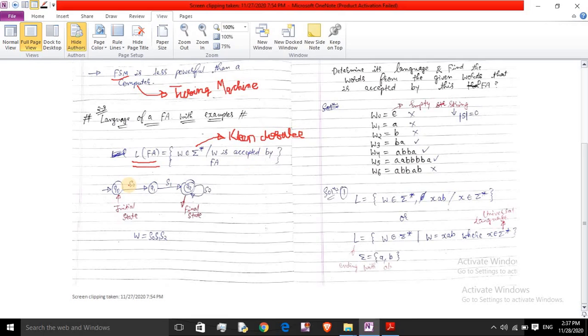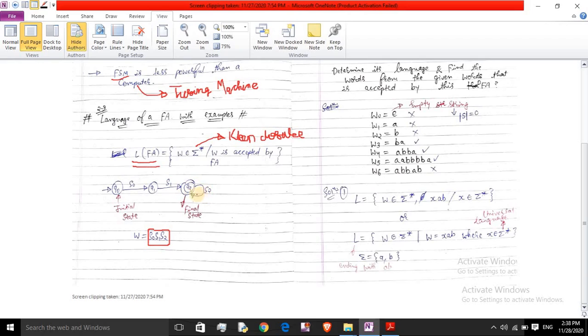Now look at what it is saying here. Suppose we have a string consisting of three symbols, s0, s1, s2. We start with the initial state. On reading the input symbol s0, we move to the next state. Then on reading s1 we move to the q2 state, which is our final state.